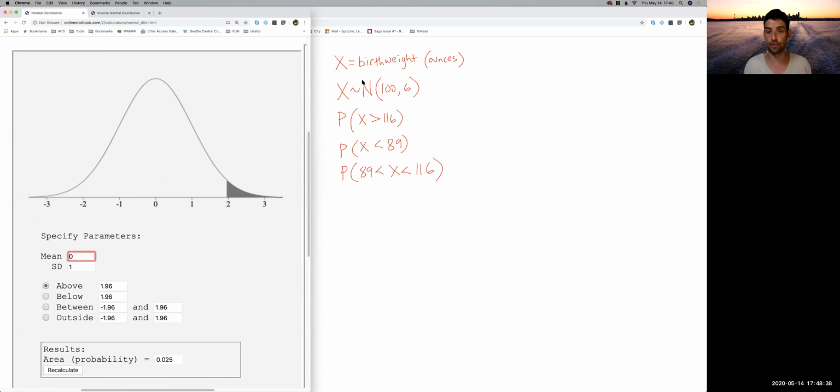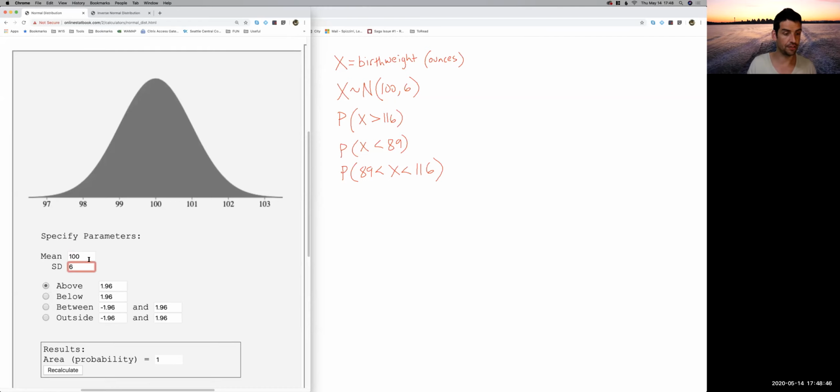But that's not the normal curve we care about. Ours has a mean of 100 and a standard deviation of 6. So I can put mean of 100, standard deviation of 6. Notice it changed the scale at the bottom, even though the shape didn't change. We're going to ask the probability that x is above some number. So notice it has above here, and I've got to give it the number that I want.